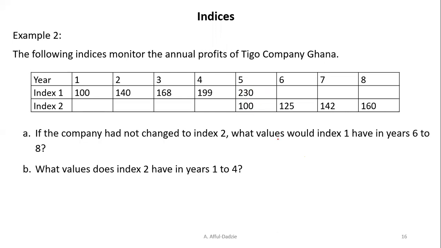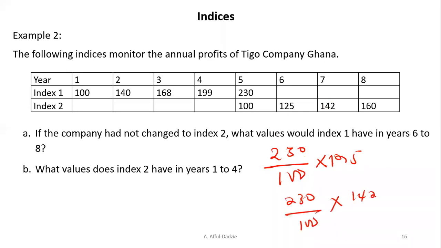So the expression is to take 230 over 100 times the index at period M, which is this new one, so we are at year 6. This is the new index at year 6, so it is times 125. I'm not sure what it gives you, but we've solved it. Then if we come to year 7, it is 230 over 100 times 142.